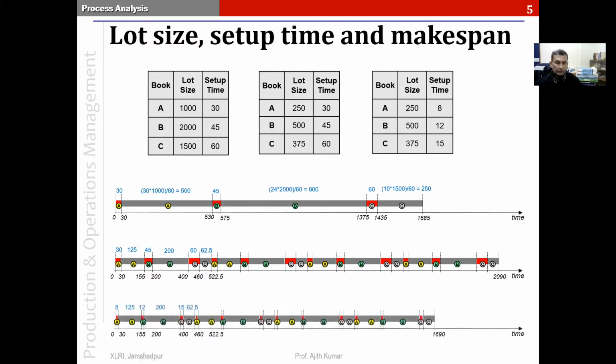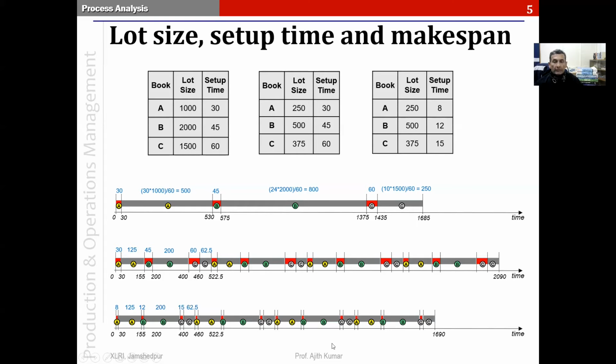It would look like this. You see here, the setup times have all reduced from what they were in scenario 2. The processing times are the same as they are in scenario 2. But on the whole, because of the reduction in setup times, our make span has come down from 2090 minutes to just 1690 minutes, a reduction of 400 minutes.